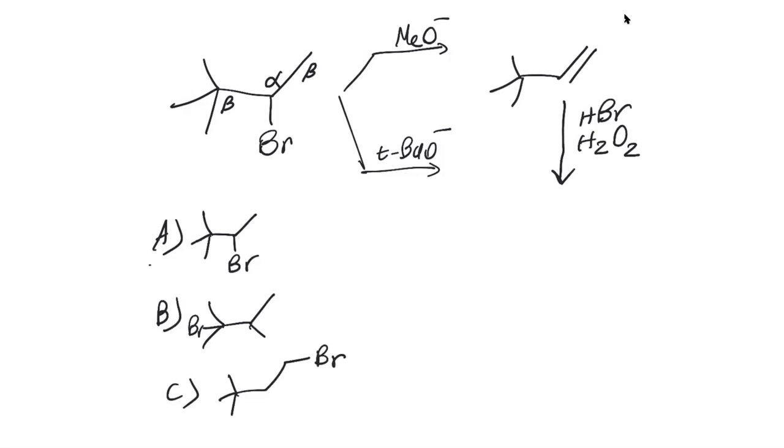Which one is the major product of this reaction? HBr, a hydrogen halide, and peroxide is the reagent that we use for anti-Markovnikov addition. So the major product will be C, as you said.